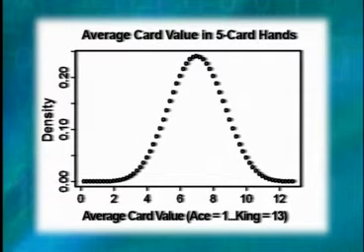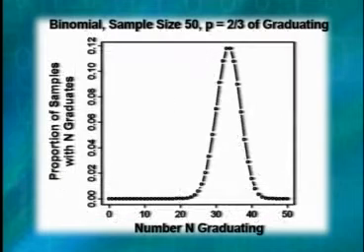If we looked at all possible 5-card hands of that sort and looked at their average value, we would get a histogram that looks like this. Notice again that all of these examples have this characteristic bell shape. From the last lecture, we saw that the binomial distributions had this bell-shaped character too.